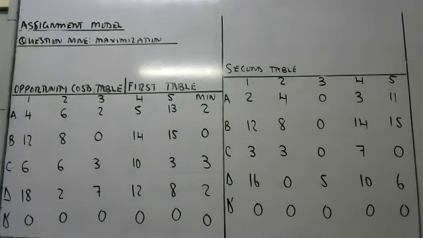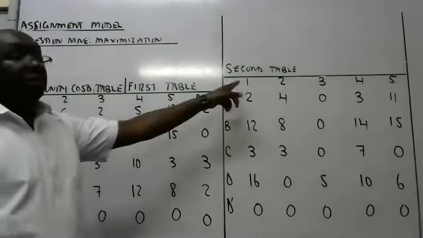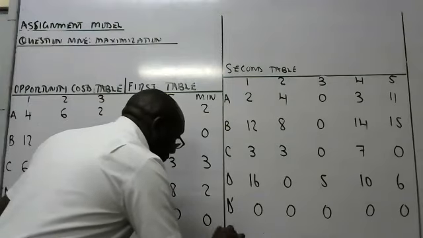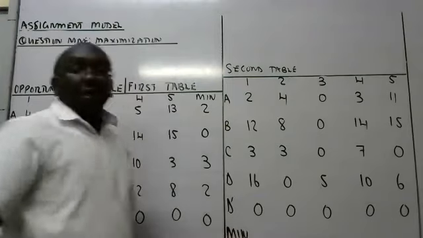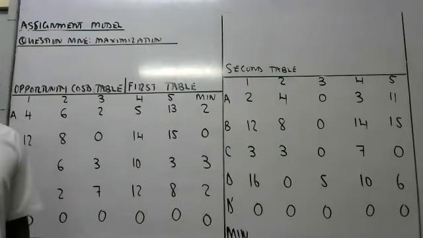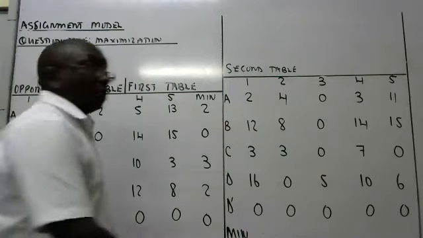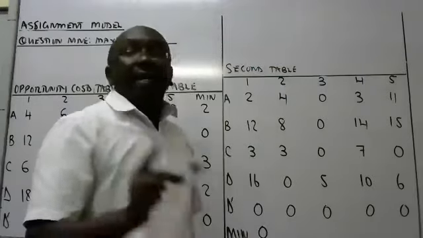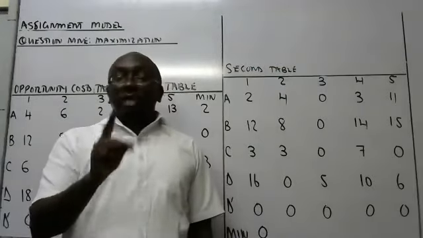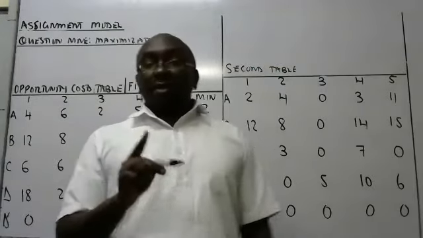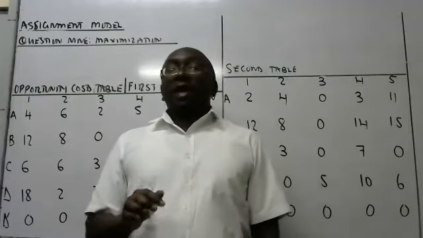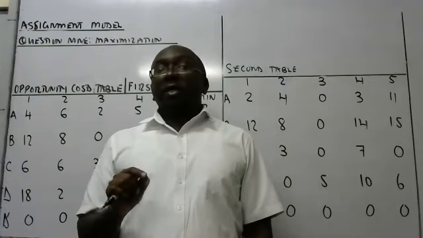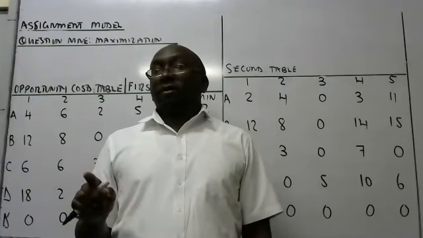After that, from the second table, you identify the minimums of the columns. So there's a 0. Unlike in transport, where we never recognize dummies, in assignment we recognize them.